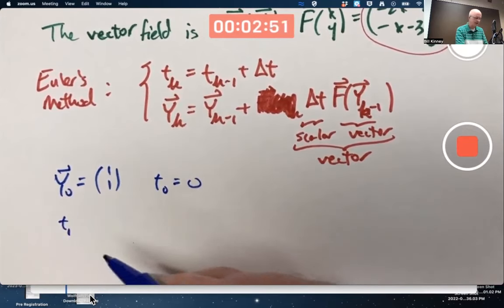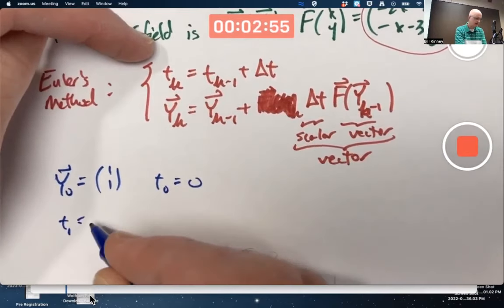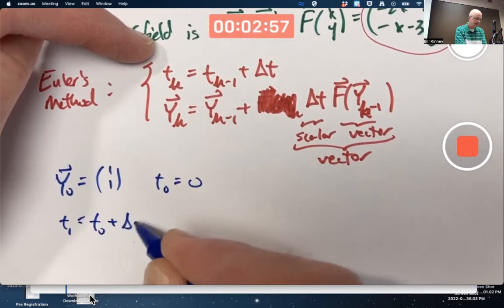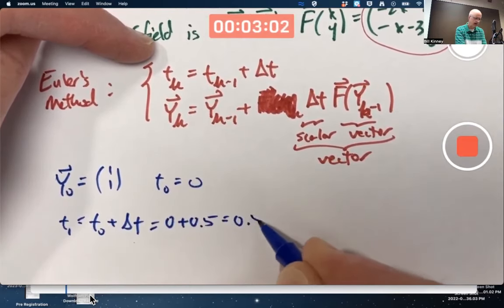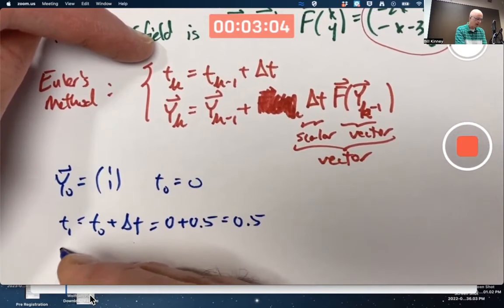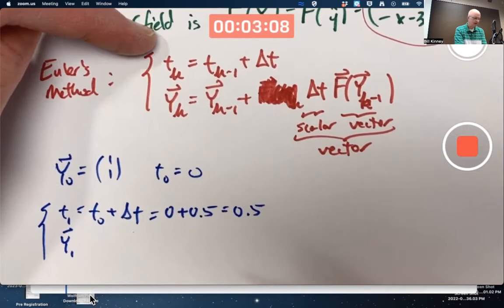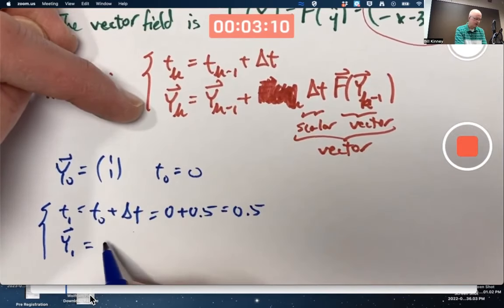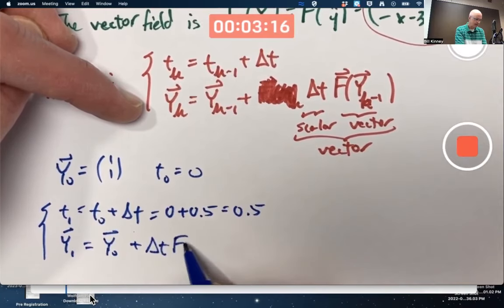T1, the next value of t, using the first recursive equation up here, is going to be t0 plus delta t. So that'll be 0 plus 0.5 is 0.5. And y1, this is one step of Euler's method here, is found from this equation. So it's going to be y0 plus delta t times f of y0.